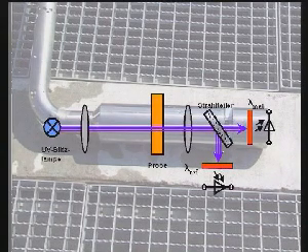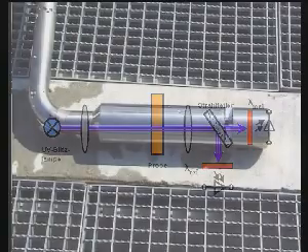The immersion probe contains a two-beam photometer. The actual absorption measurement is taken at a wavelength lambda mes of 254 nanometers. In order to eliminate the effects of turbidity in the wastewater, a reference measurement is taken at a second wavelength lambda ref.